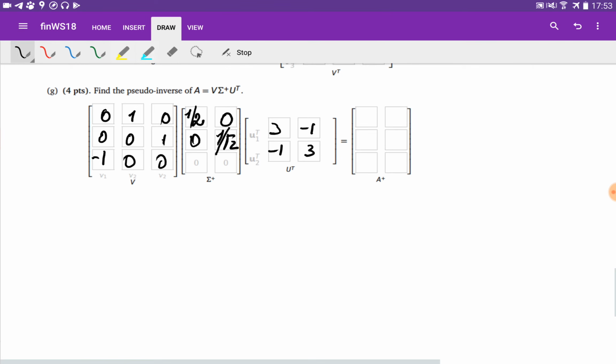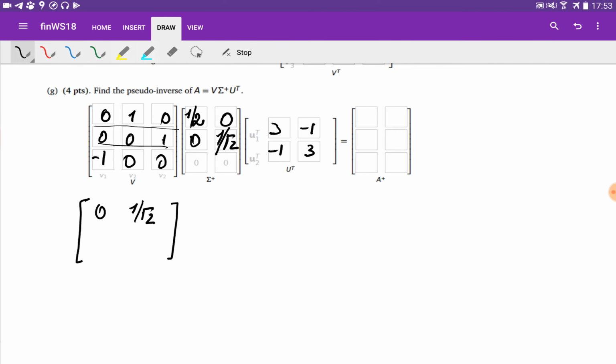So let's multiply all of the three matrices. Let's multiply the first two. The first matrix has 3 columns, we can do this as a combination of the rows. So (0, 1, 0) means multiply the first row by 0, the second row by 1, and the third row by 0, which is going to be simply (0, 1 over square root of 2).